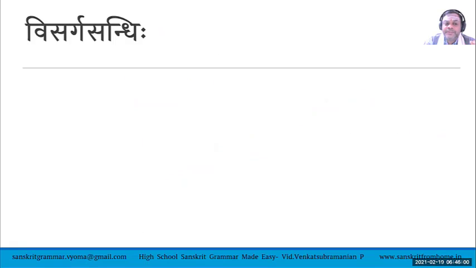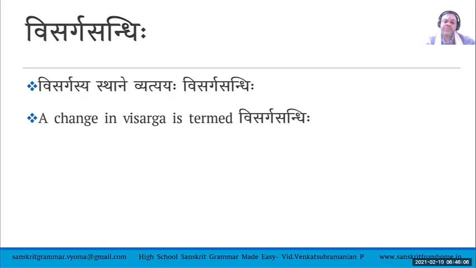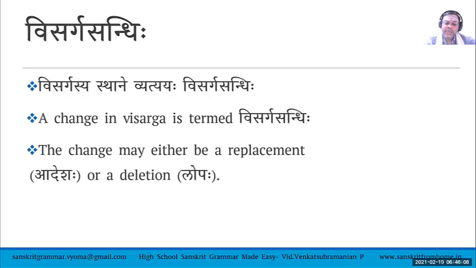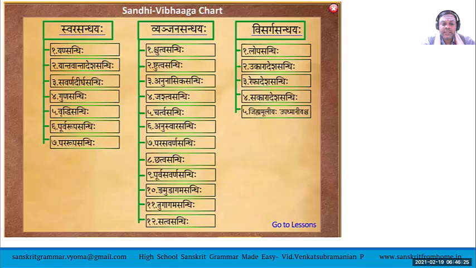So visarga sandhi is the change which happens in visarga. It can be an adesha or a lopa. We have Ukaradesha Sandhi, Repadesha Sandhi, Sakaradesha Sandhi, and Jihvamuliya and Upadhmaniya are also other transformations that we will be seeing.